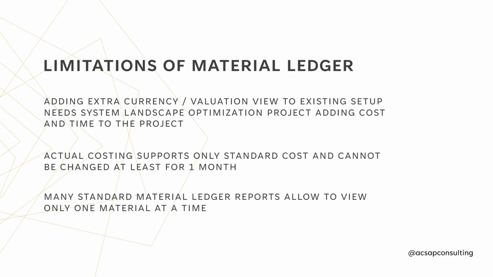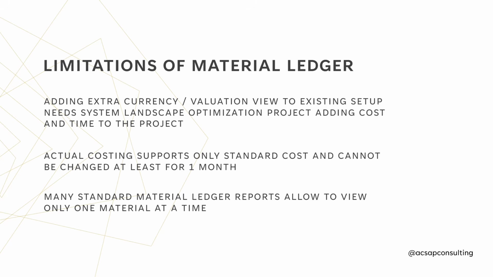Any material in a plant which is used for actual costing can use only standard cost as the price control. We cannot use a moving average price. Be it a raw material, a semi-finished good or a finished good, everything should run only on the standard cost. Only then can we run the actual costing.